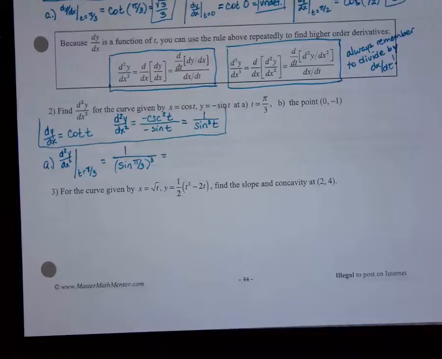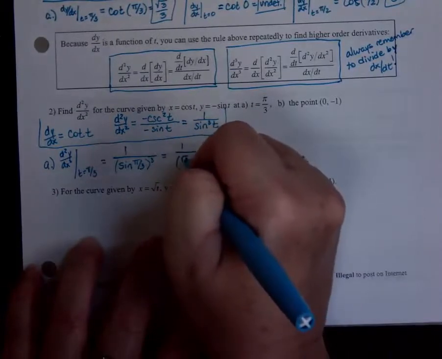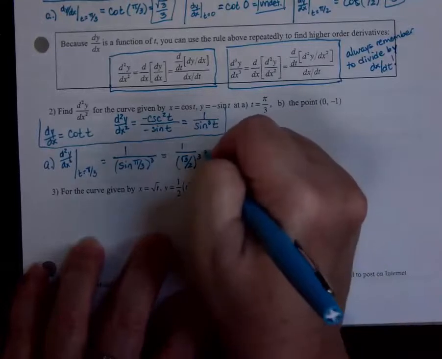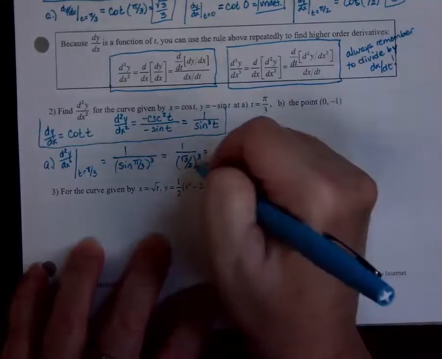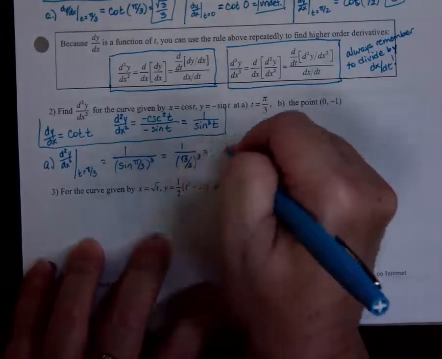All right. What is the sine of pi over 3? It is root 3 over 2. So I'm going to have 1 over the square root of 3 over 2 cubed. And so to take that off the bottom, I need to flip it when I move it up. So I'm going to give the power of 3 to both of these.